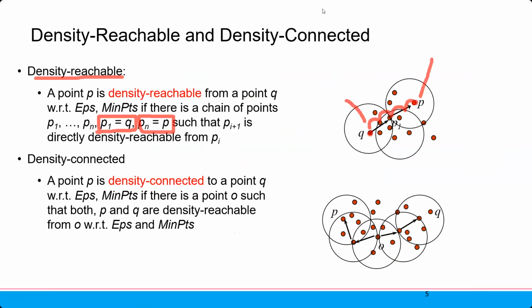So we know the distance between Q and P is 1. It is not directly density reachable, but Q until P is density reachable because we have a chain.